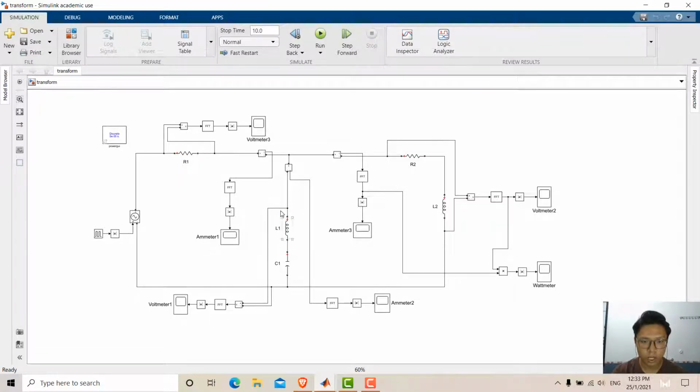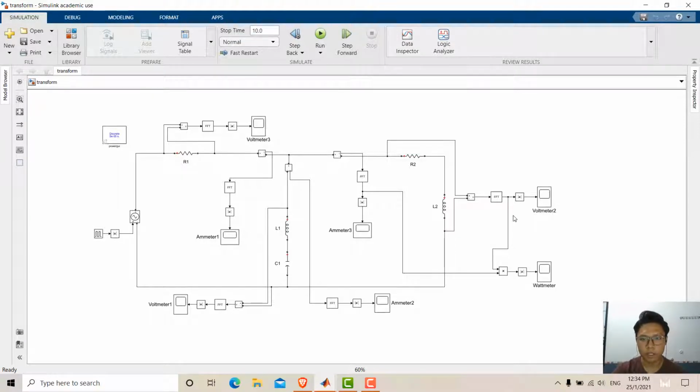This is the load, and we connected it in parallel, and this is the voltage measurement, and also this is the FFT block connected to the voltmeter scope. And same goes to here, which is the last one. This is the load connected in parallel with the voltage measurement, and then to the FFT block and the voltmeter.